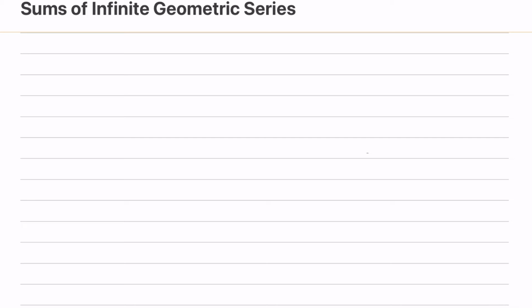A geometric sequence is a sequence of numbers that are all related by a ratio. For instance, the sequence of numbers 2, 4, 8, 16, 32, 64, and so on, are all related by the ratio of 2.